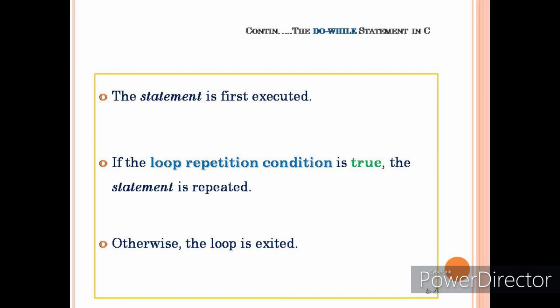So here we see that even if the condition is wrong, at least once the statements given inside the do loop are executed. So this makes it different from the while loop or a for loop. In the case of for loop, we know the entry is based on the condition. Only if the condition is true, the statements will be executed in the case of while as well as in the case of for loop.